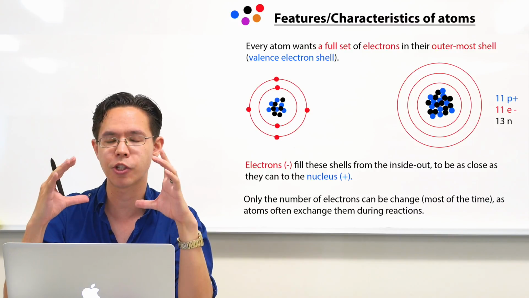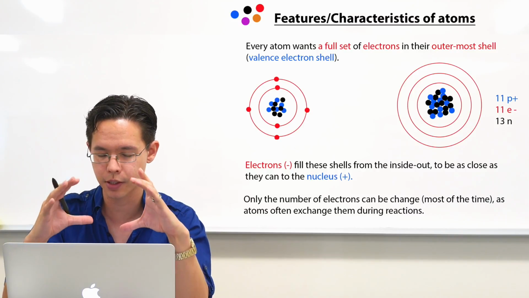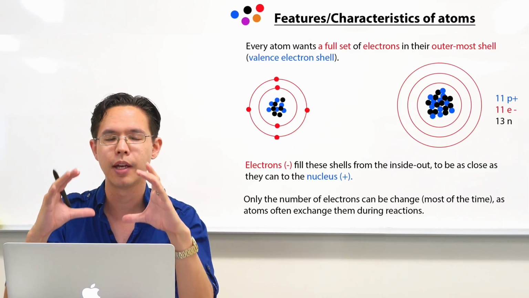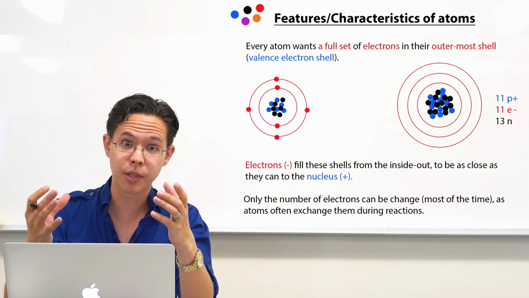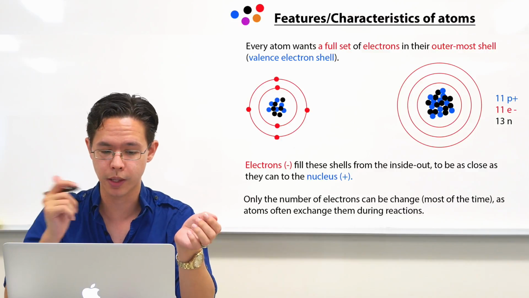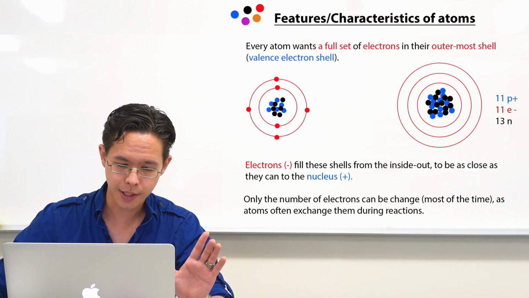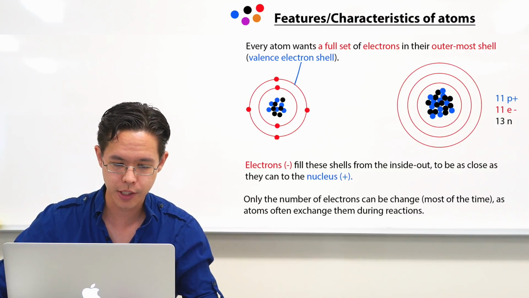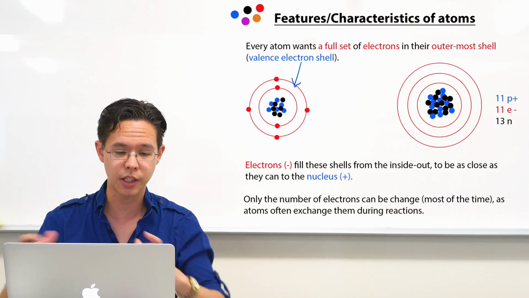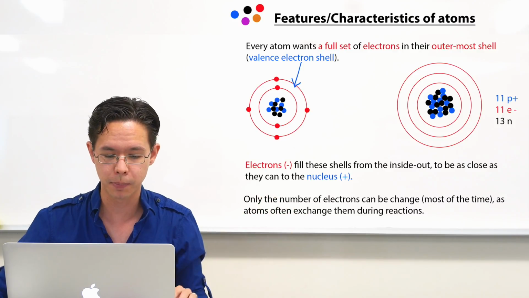It's so important we give a specific name to the outside shell, and we call that the valence electron shell. Or sometimes valence shell will do as well. I've got 2 diagrams here. The one on the left, the valence shell is actually the second shell because that one's being used. It's the outermost shell that's being occupied by electrons.